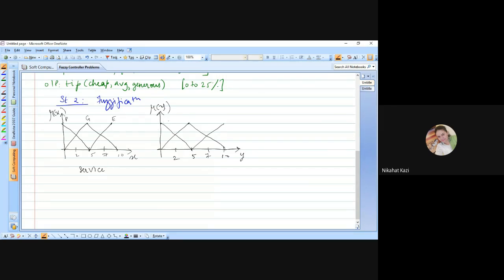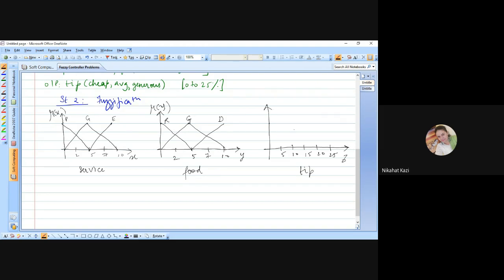Okay. Only thing is this is rancid, good, and delicious. This is food. And again, for the tip, what about the tip? The tip will have again up till 25%. Okay.